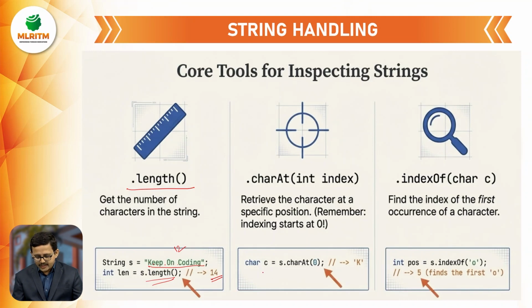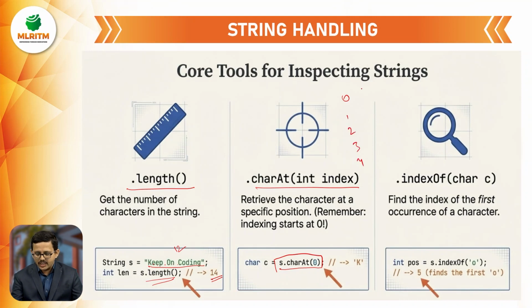Okay, so next, charAt(int index). So this is one of the important ones. Here we get the character present at a position in the string. So here we have "keep on coding". char c equals s.charAt(0). As we all know, a string is a sequence of characters, and the best possible way to store a sequence is using an array. In an array, indexing starts from 0 1 2 3 4.